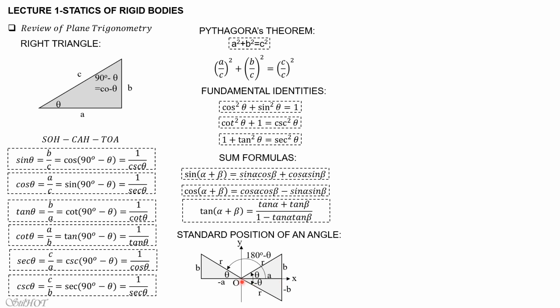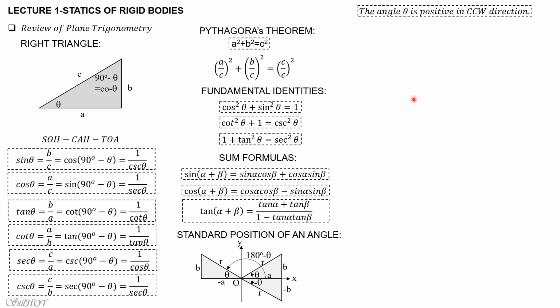Now, if the terminal side lies in the third or fourth quadrant and you measure it clockwise, then the angle is negative. Like this terminal side here, which lies in the fourth quadrant, and we measure it clockwise, so it is negative theta. The acute angle theta is called the reference angle.